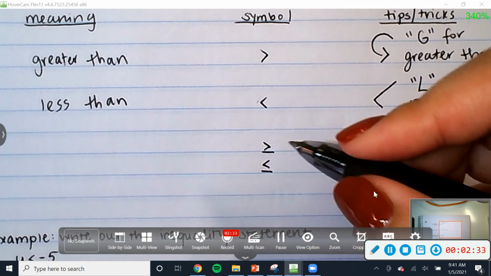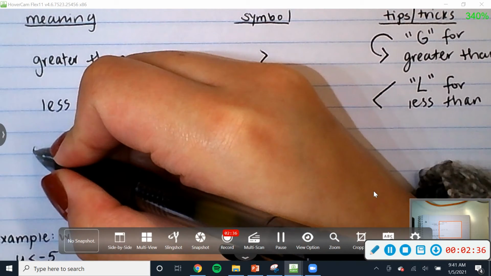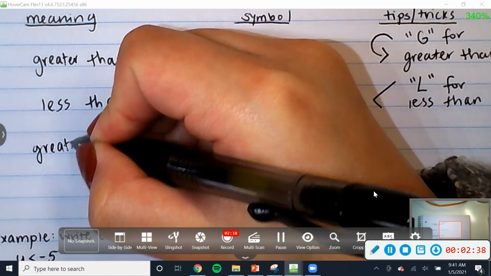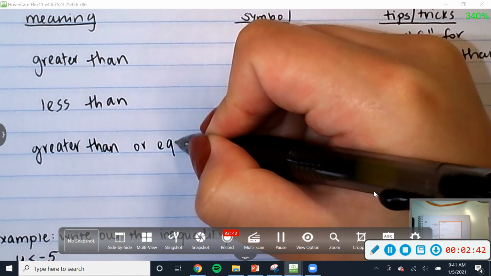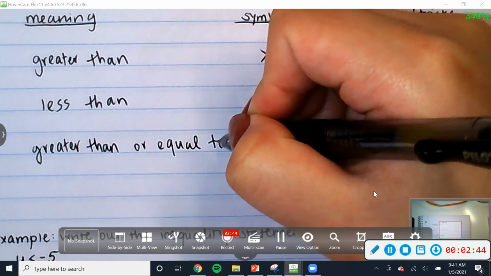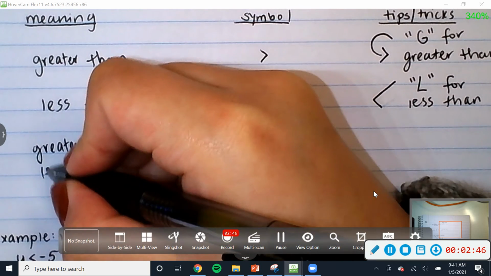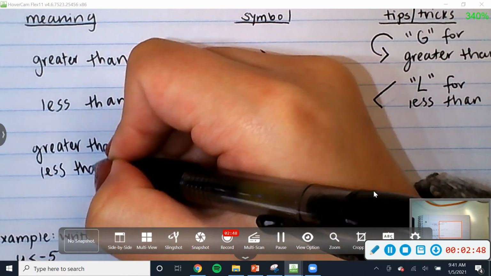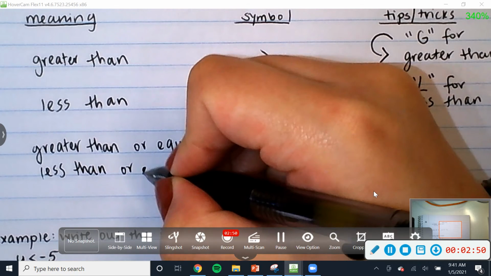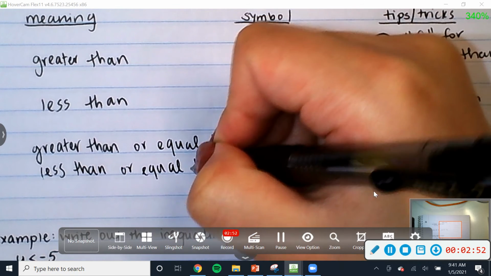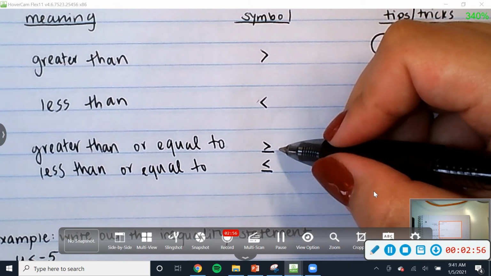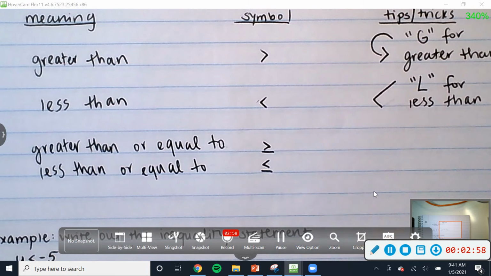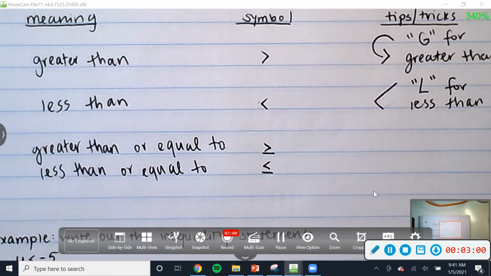So this first one, we would read it as greater than or equal to. And this one down here, it's less than or equal to. So that means that we're including that this could be equal to a number, or they could be equal. So that's what the little bar underneath means. Greater than or equal to, less than or equal to.